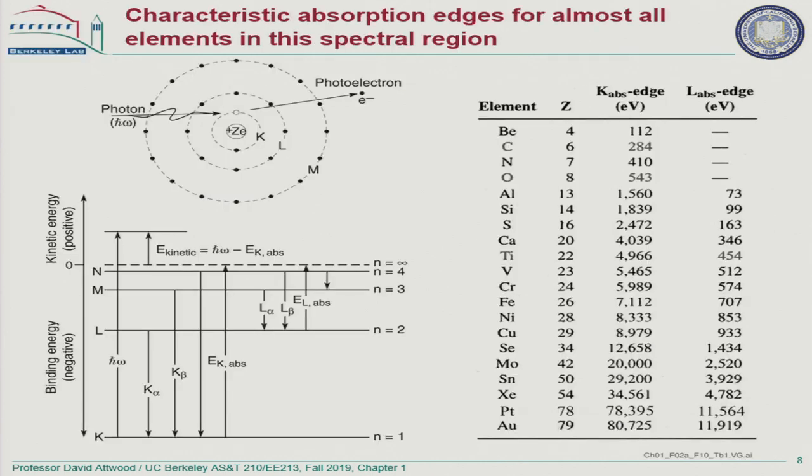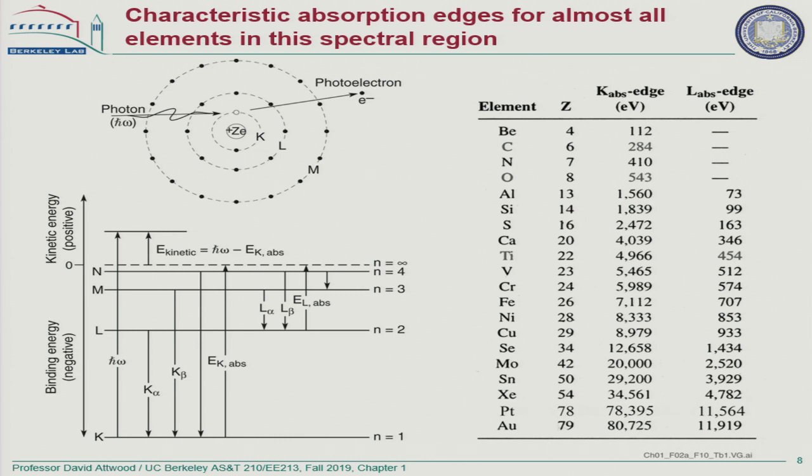Right, the key is that if you look at this chart of the K edge and the L edge, the innermost electron states, which is the K edge, are the most tightly bound.